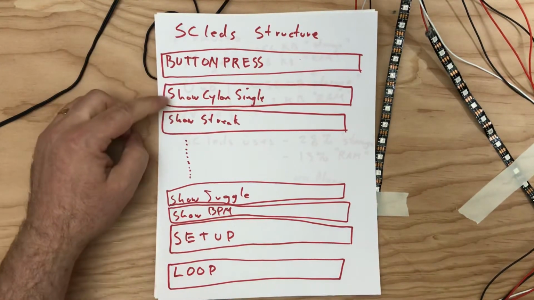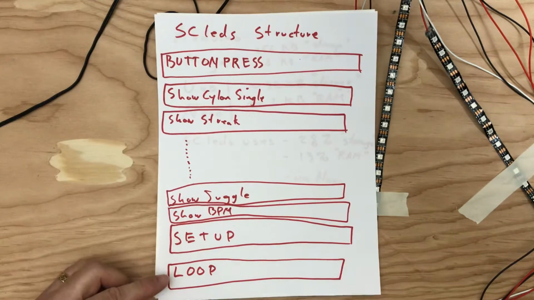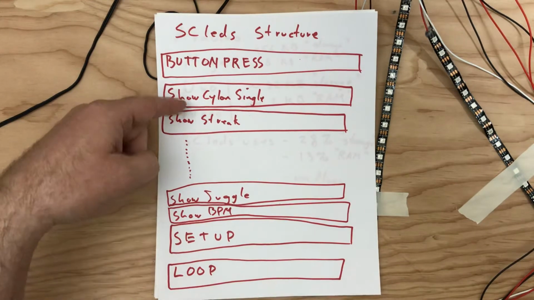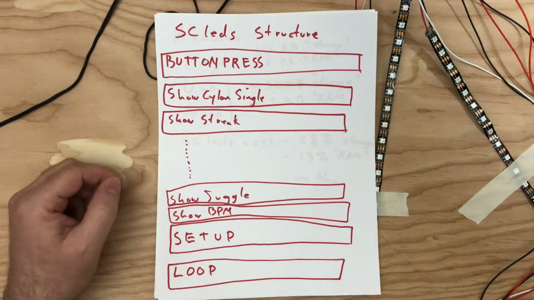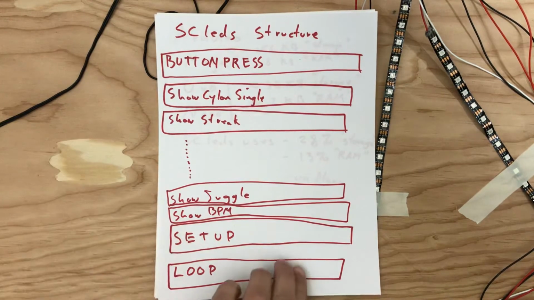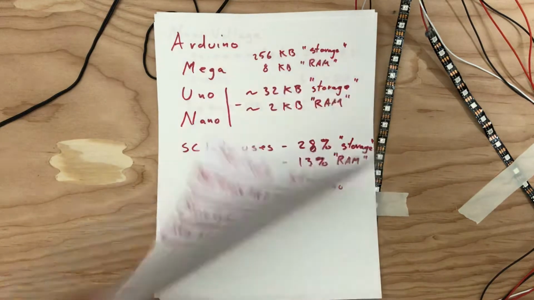And if this comes back and says yes, the button was pressed, it doesn't care what happened, it just throws it back to this guy. So based on the current pattern and style, it throws it to the function. If the function gets called for whichever one it is, it'll internally check, okay, based on the current style, this is what I have to do. So if you look at the code, that's how it works. And if you want to add a function or style, just go there and do it.